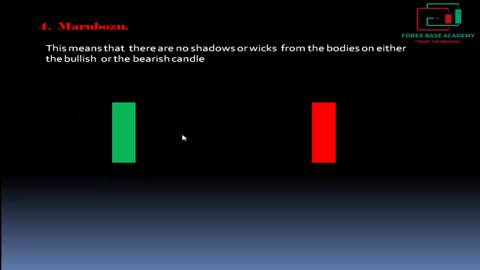We highlighted that green means buying in the forex market, and the opening price is below the closing price, and we have no wicks in this candle, we have no shadows. It means that in this particular time there is a lot of buying pressure. In simple terms, there was no single seller in a particular session, as seen in the diagram. The opening price and the closing price are at the extremes, there are no wicks, there are no shadows.